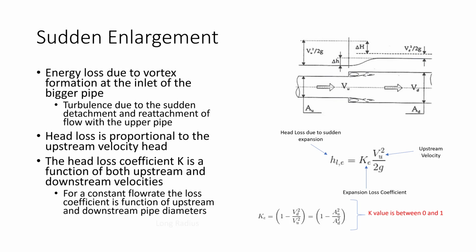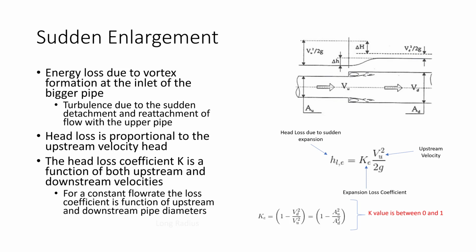On the other hand, if the expansion happens from a very small diameter pipe to a very large diameter pipe, then essentially my AU over AD will be equal to 0, and my KE will be equal to 1.